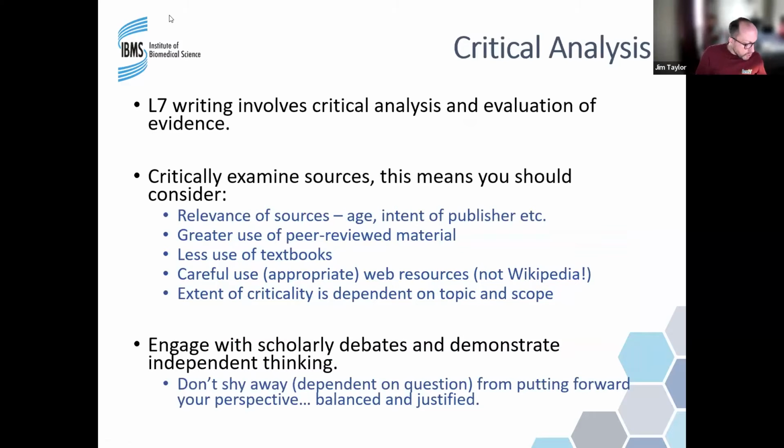You also need to engage in critical analysis as you are structuring your sentences, as you're looking at the material. You need to critically analyze the material that you are presenting. And this is more than just saying that you agree with it or disagree with it. When you are critically examining sources, you need to consider the relevance.